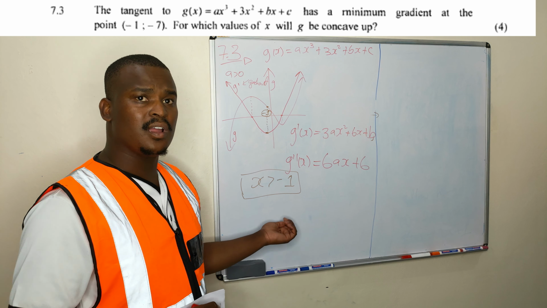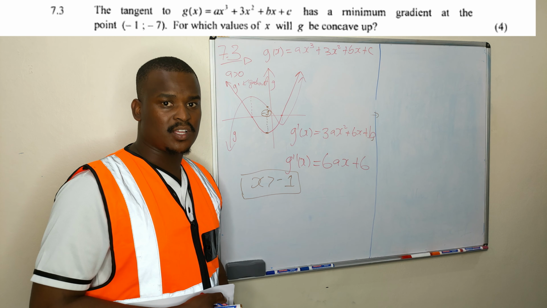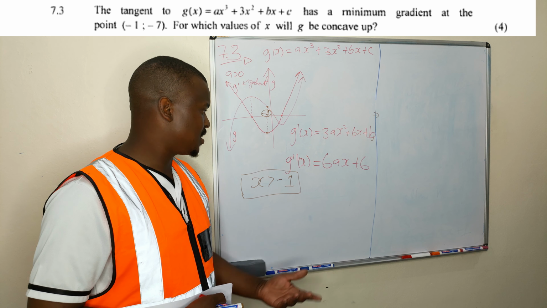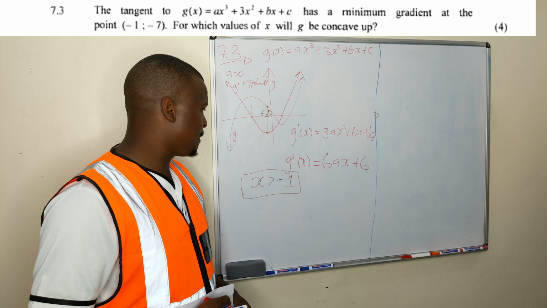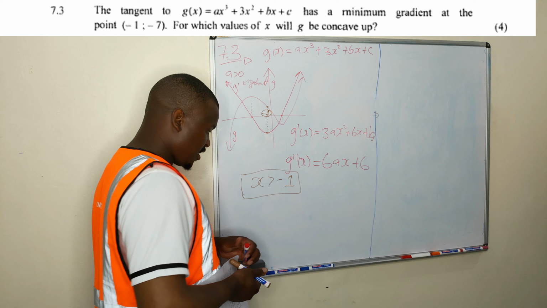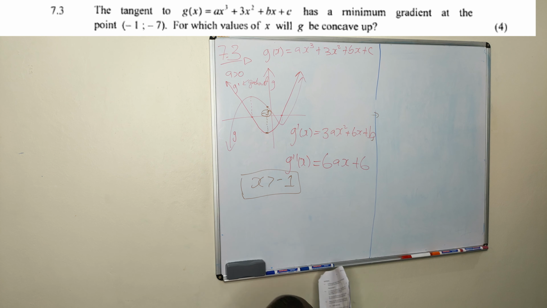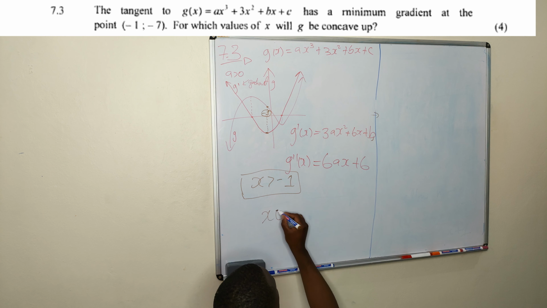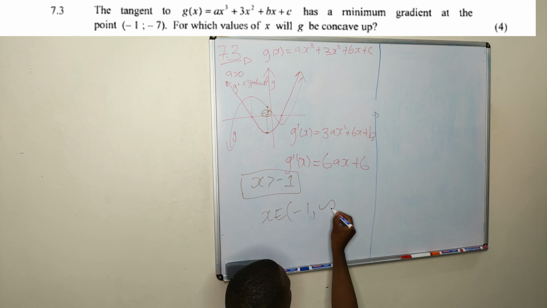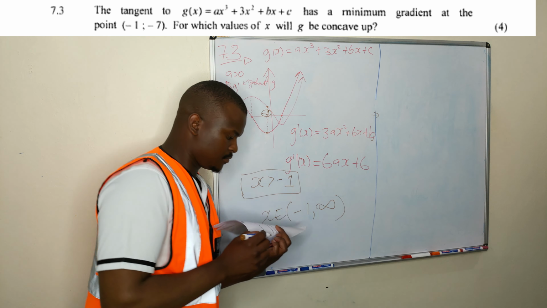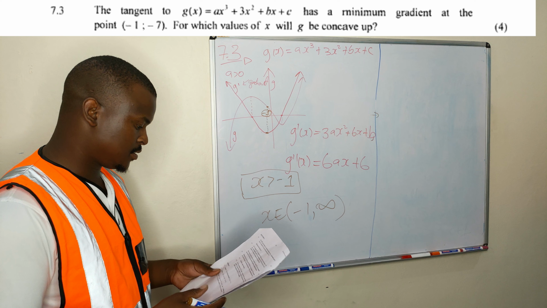So this will be concave up for x greater than -1. At least I think so. Or you can write it the easiest way, x an element of (-1, infinity). That's the way of writing this.